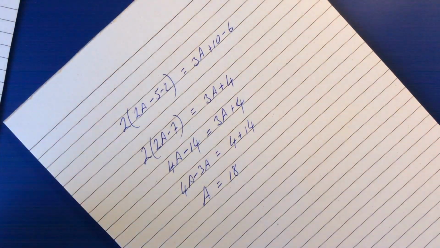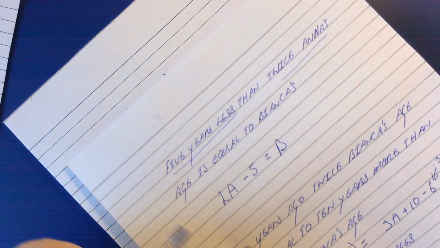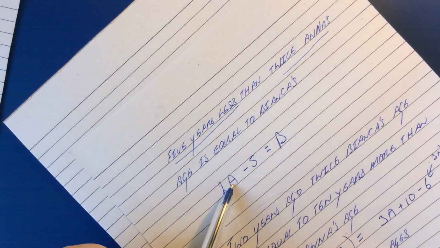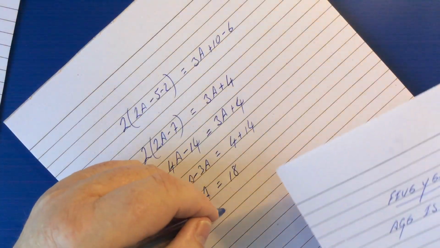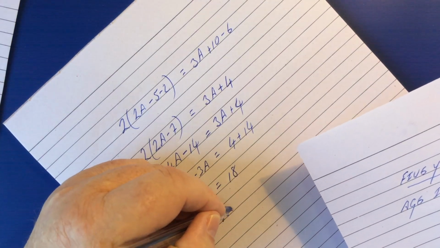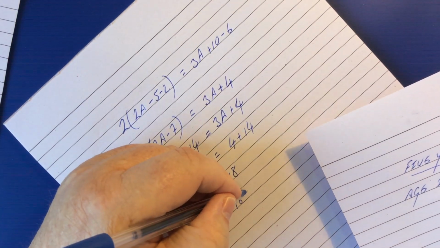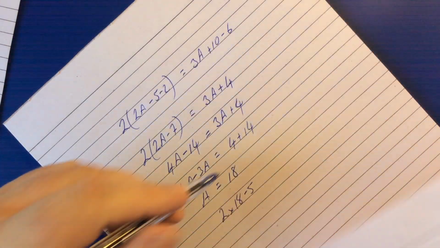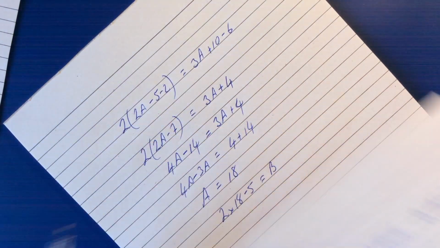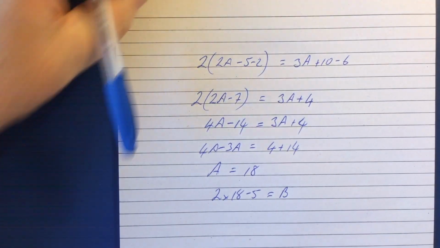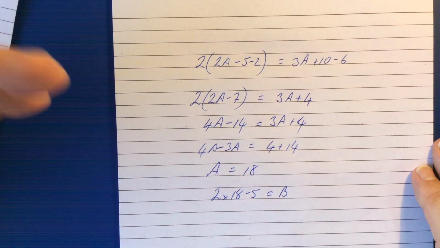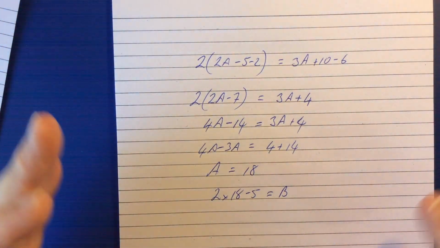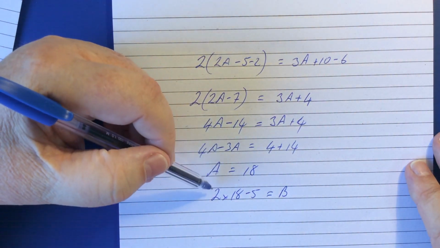Now we can go back to this equation here. And what we know is that 2 times 18 minus 5, 2 times Anna's age, minus 5 equals b. So, I'll just straighten this up. You'll have to excuse me, I'm left-handed and sometimes it's just easier for me to turn the page and write.